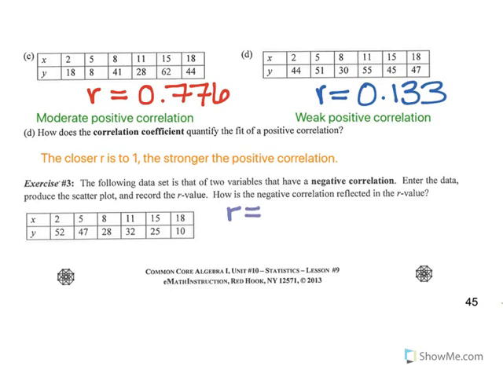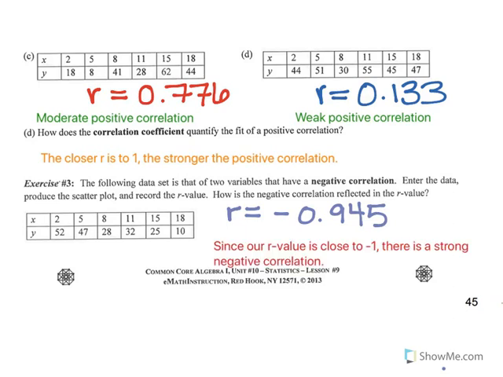So when we type this into the calculator and we get an R value that is negative 0.945, we know that since it's close to negative 1, it's going to be a strong negative correlation. And it says, how is the negative correlation reflected in the R value? Well, since it's close to negative 1, that's why we know it's a strong negative correlation.